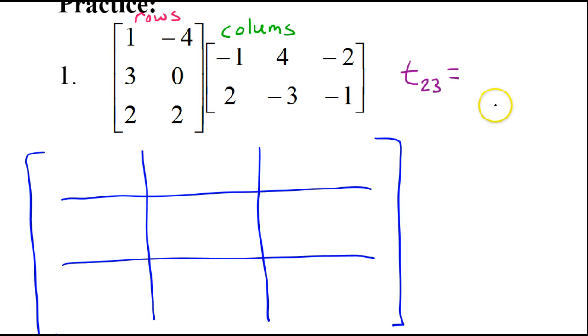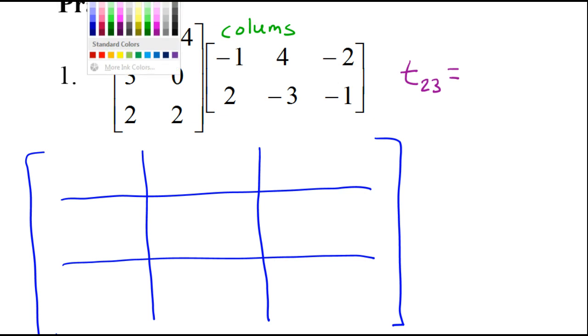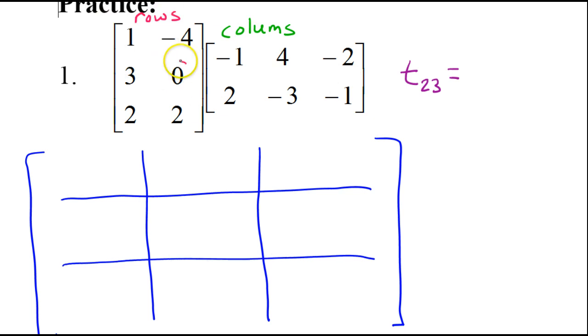So let's just do that one time. Let's say I was going to find the element from the second row and the third column. That would be this right here. So I would have to multiply the second row times the third column.